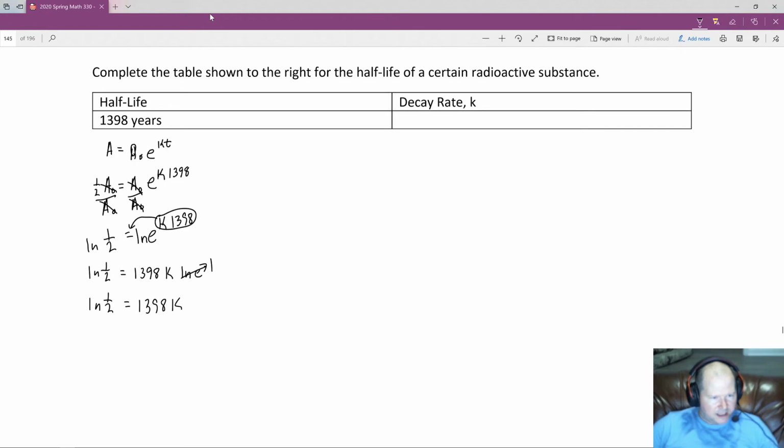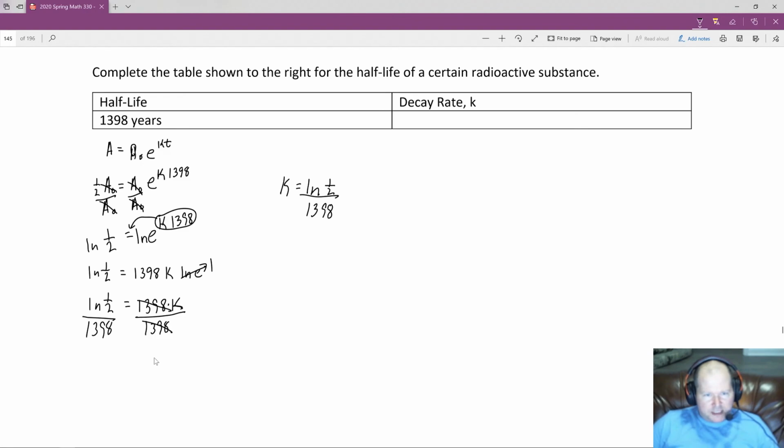Then if I want to solve for k, I simply divide both sides by 1,398. So the 1,398 cancels out on the right side, leaving me natural log of 1/2 over 1,398. So again, k, the exact answer, is the natural log of 1/2 over 1,398.